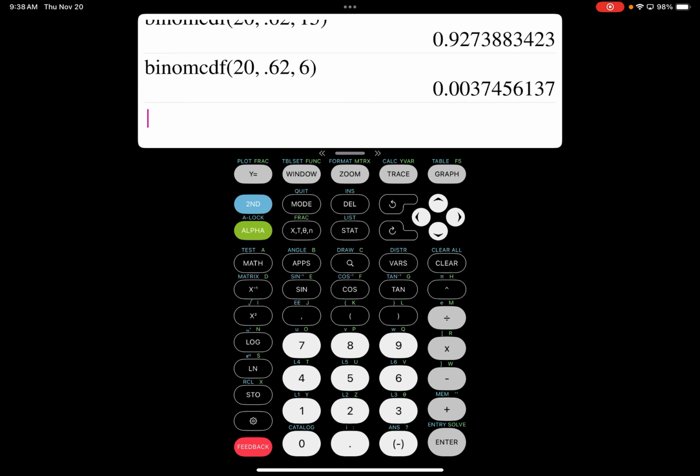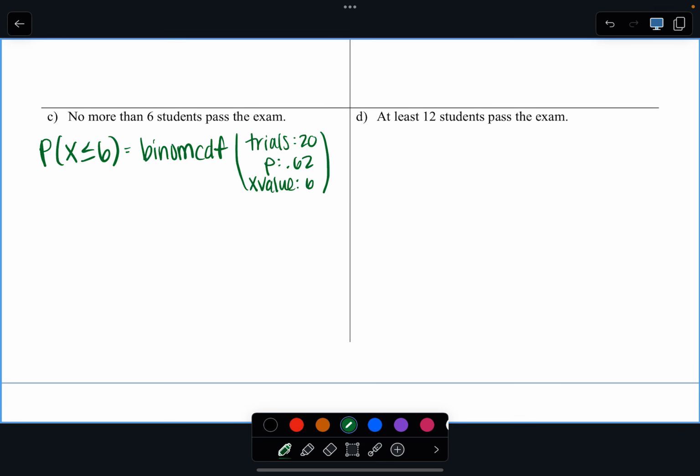So yes, you can always go through second vars and find it. But if you're really just changing one thing, I will sometimes just do second enter and call it back and change that number. The only thing to be careful of is if you're jumping from PDF to CDF, that's going to play a factor in whether you can use the exact same prompt or not.